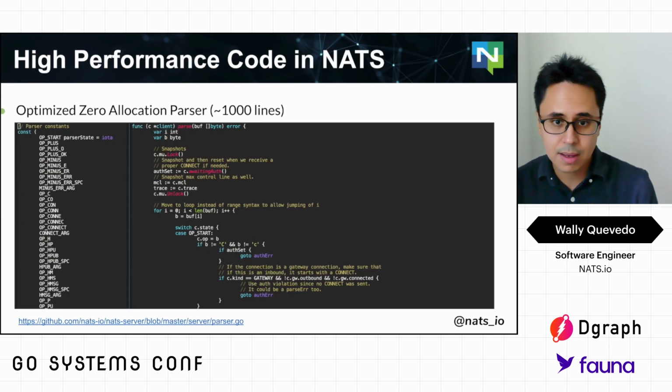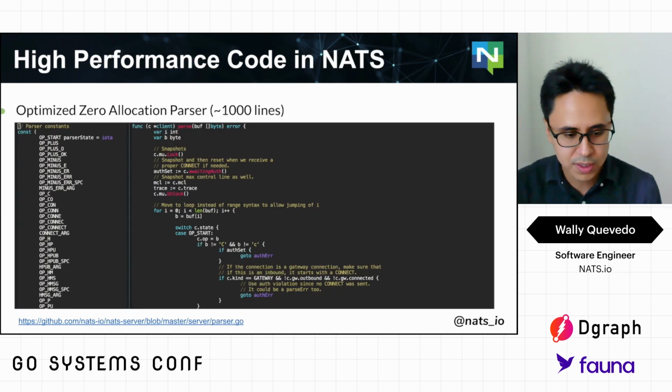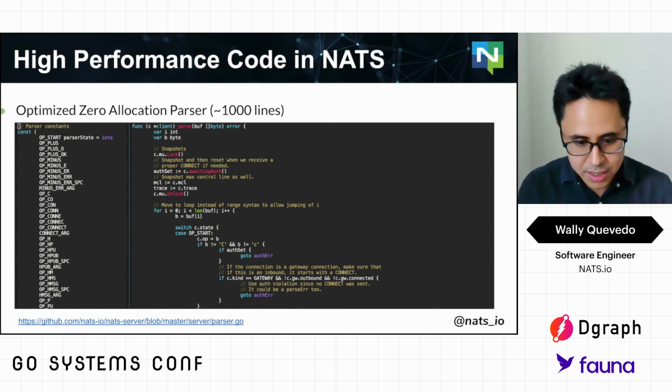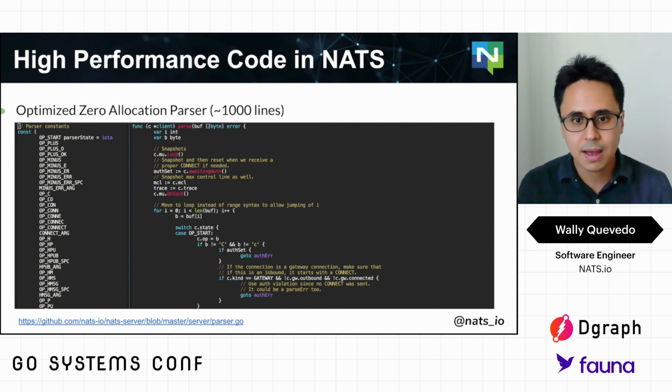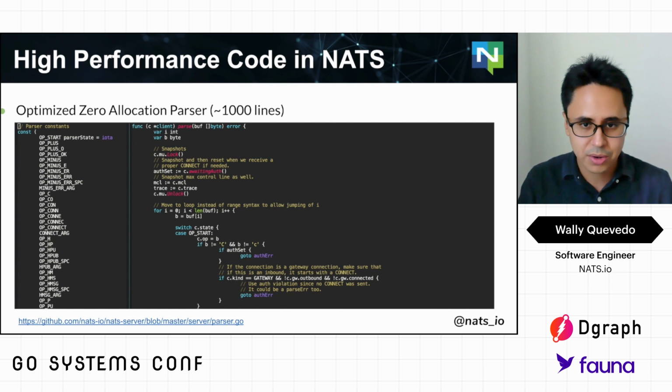So all established connections have at least 2 Go routines per client. The reader is essentially a very optimized parser. It is not like the regex-based implementation in Ruby that I showed. It is a zero allocation parser of around 1,000 lines of code nowadays.